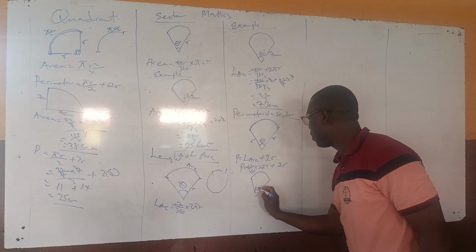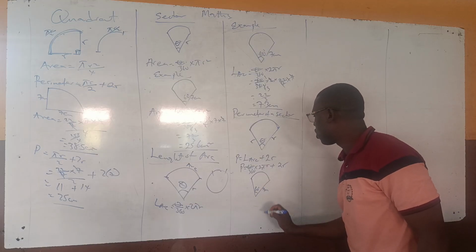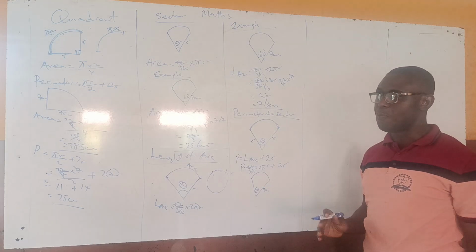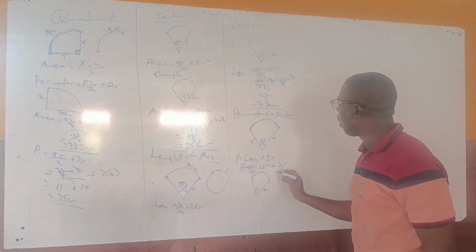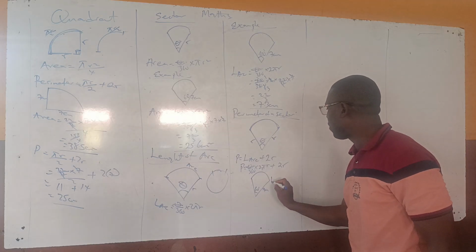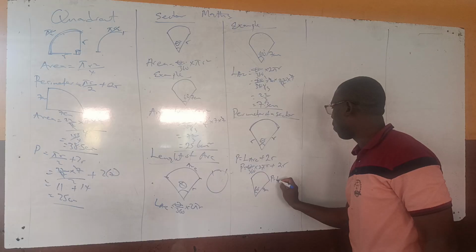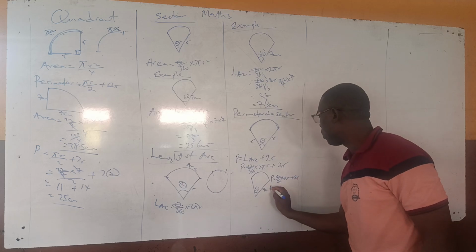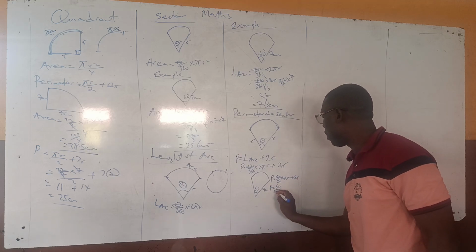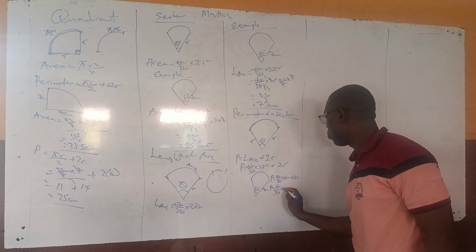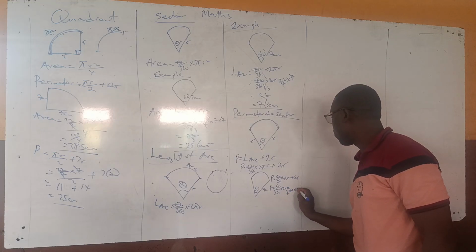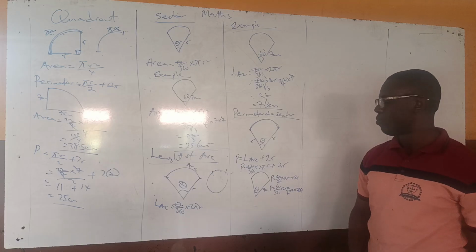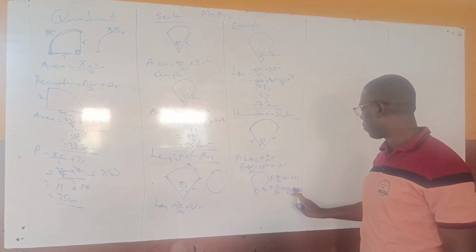Okay? So when we have this, let's say we have this 60 degree, yes, 7 centimeters. What is the what? The perimeter. So the perimeter is equal to what? Theta over what? 360 times 2 pi r plus what? 2r. That is what? 60 over 360 times 2 times 22 over 7 times 7, plus 2 times 7.